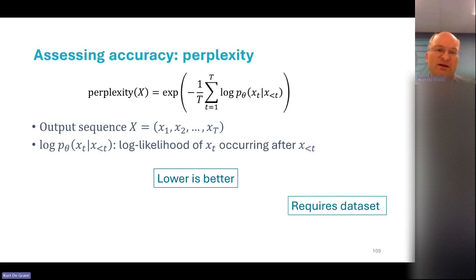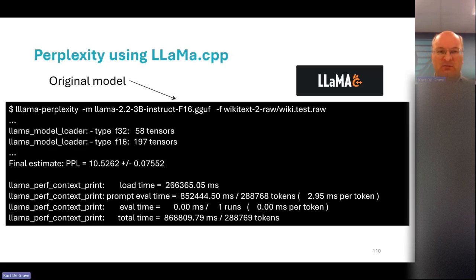But yes, you need a data set to compute this. And so there's a tool to do that computation. So you have some database you measure this on, in this case, a Wikipedia extract.